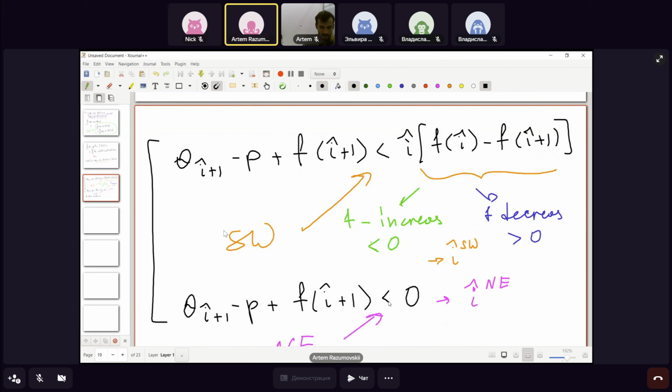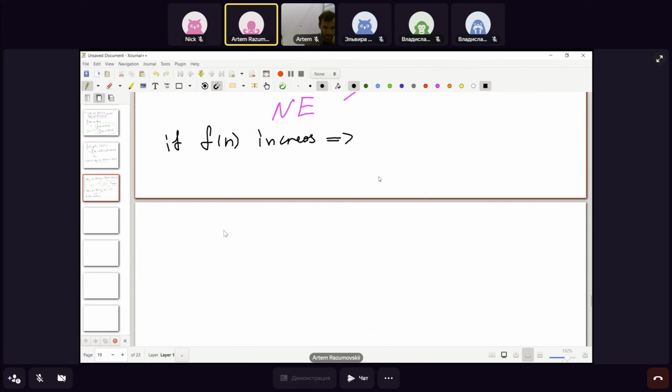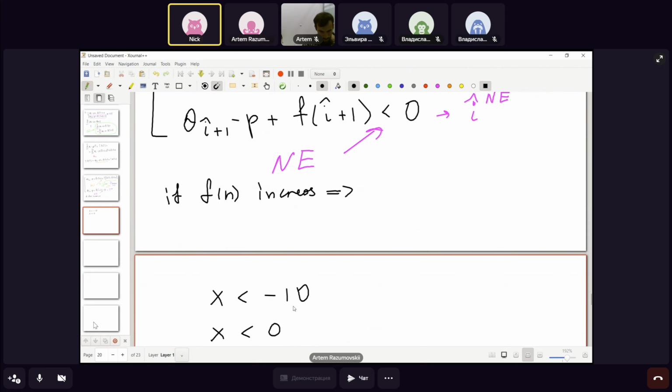So it can be something else, right? So that you already satisfied the second, then it's negative. So for example, if you have x less than minus 10, then you have x less than 0. So then you satisfy the first one, you already satisfied the second one as well. So the second one is less strict.